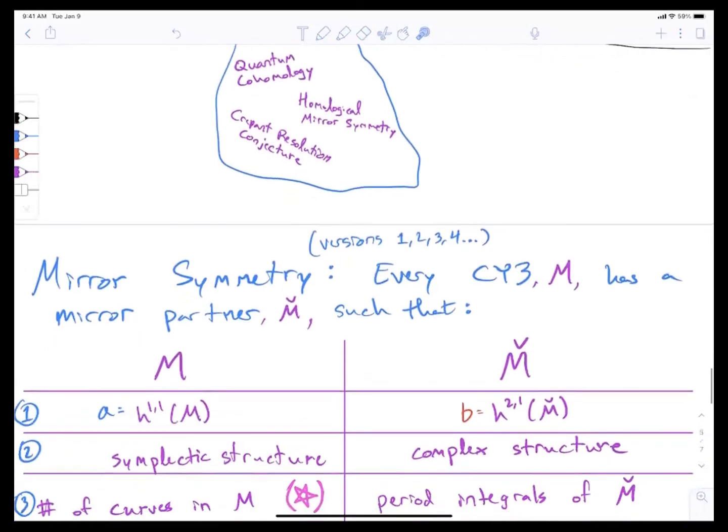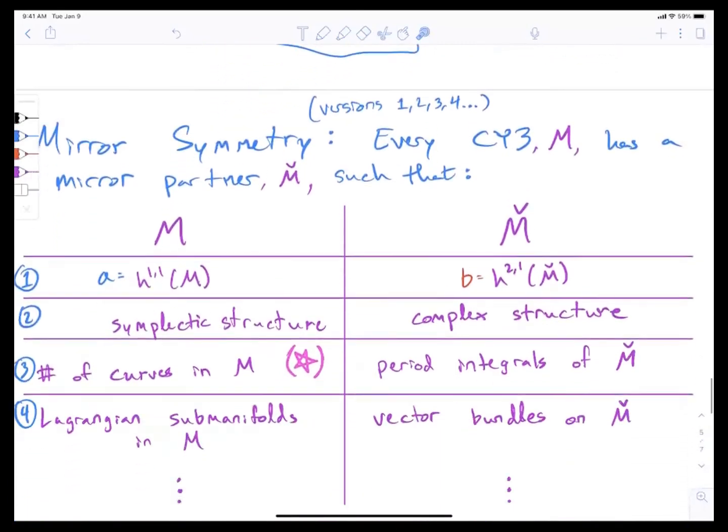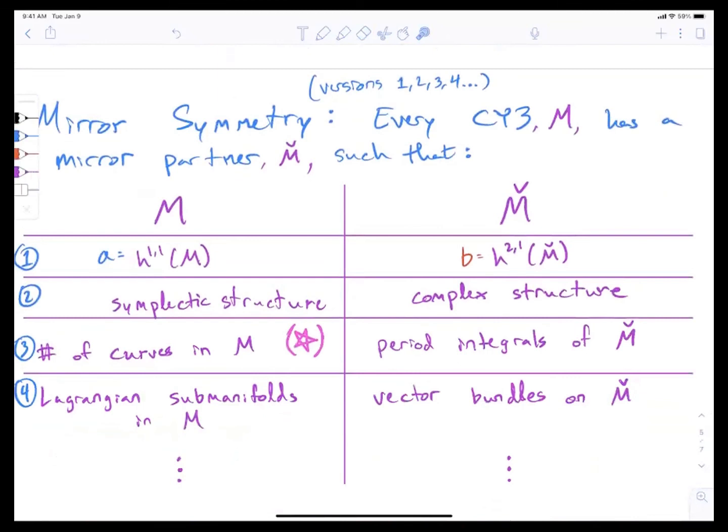And you can keep going. So at this point, there's many sort of manifestations of this phenomenon. And it's been checked in a lot of examples. So one is if you look at the number of curves in M, and by curves, I mean complex curves, so Riemann surfaces inside of M.